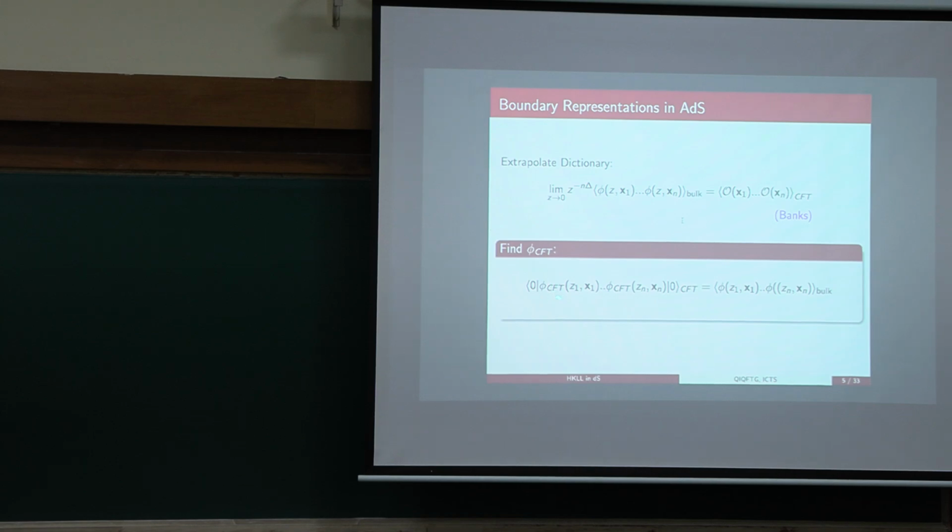Okay, so the left hand side is the correlation function in the CFT, the right hand side is in the bulk, and we want to construct such operators phi_CFT, which exactly mimic my bulk fields, and that is called a boundary representation. So this phi_CFT is the boundary representation of the bulk field phi.